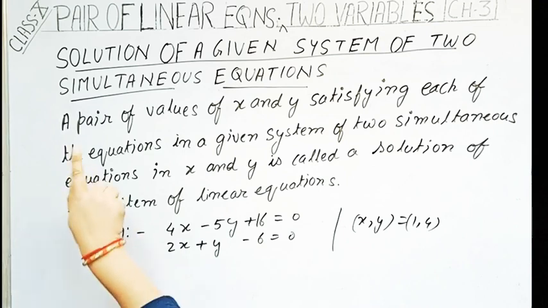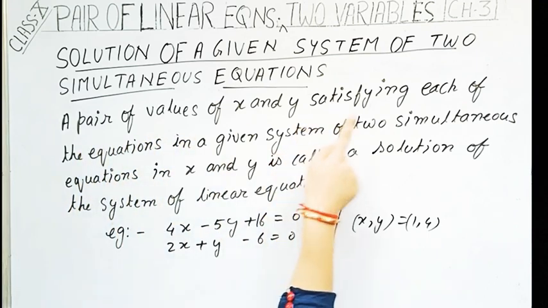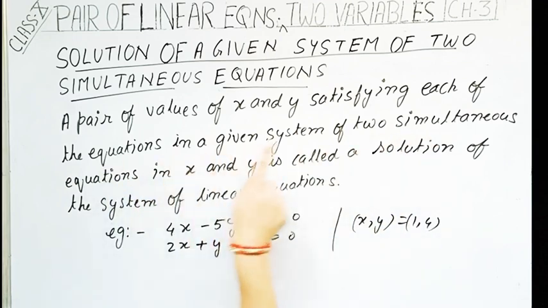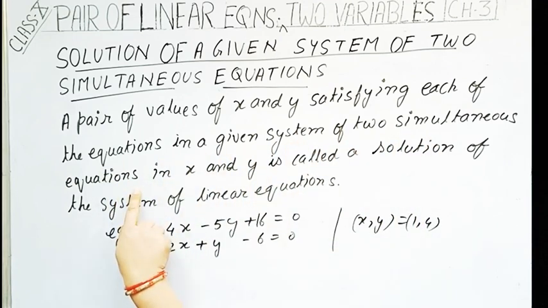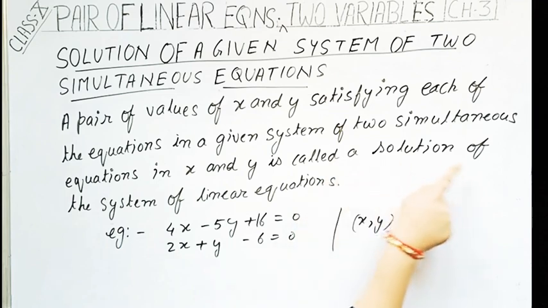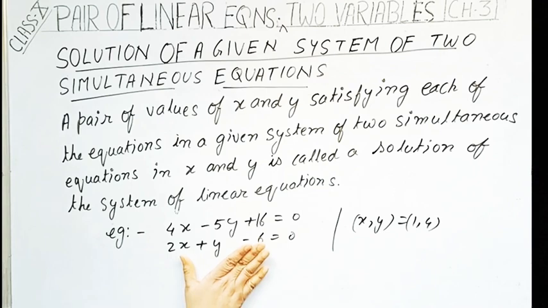The definition is a pair of values of x and y satisfying the equations in a given system of two simultaneous equations in x and y is called a solution of the system of linear equations. That is, if a pair of simultaneous linear equations is given, then that value of x and y which satisfies both the equations is called the solution of the system of two simultaneous linear equations.